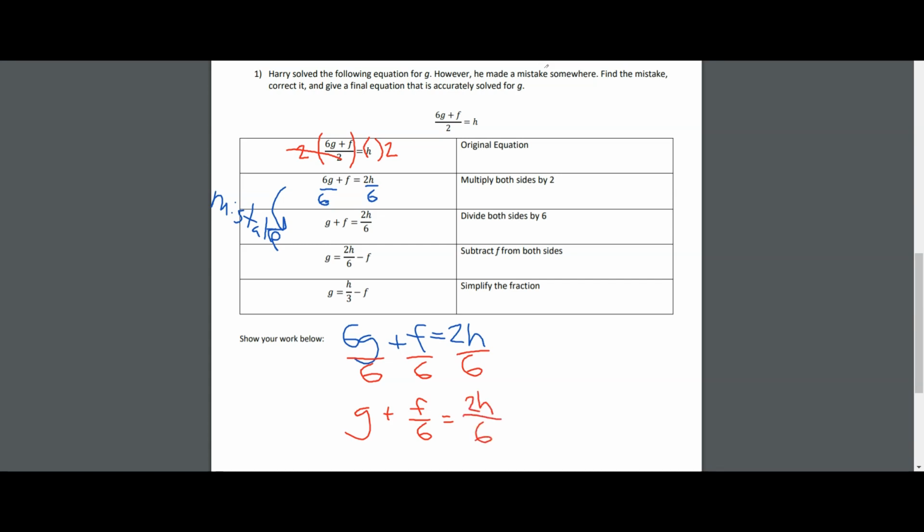Now you could certainly simplify 2h divided by 6. 2 over 6 simplifies to 1/3, which is what he actually did in his last step here. But that being said, let's try to get g by itself. So if I come up here, actually, I'll put the work down here.